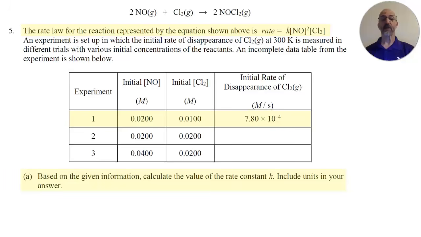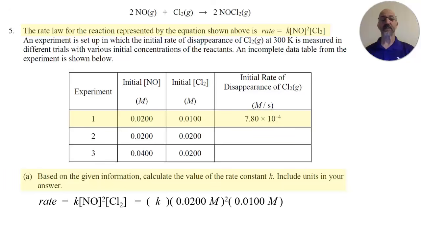So I'm going to take the numerical values from experiment 1, and I'm going to plug those values into our rate law expression. So we have rate equals the rate constant K times the initial concentration of nitrogen monoxide, which in experiment 1 is 0.0200 moles per liter. And as you can see, that value is squared in the rate law.